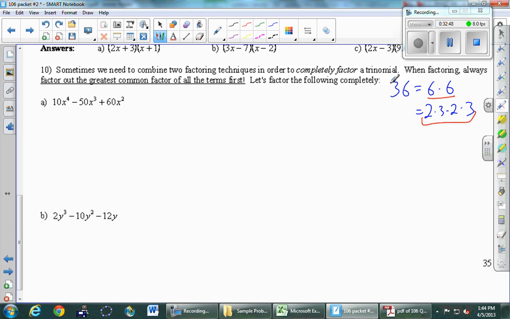So 3 separate x's multiplied. And then you have x squared. How many x's can you take out of all of them? You can take 2 out of all of them. You don't get to take out the biggest number. You can take out the smallest number. So that's what we'll do. So we said we were going to take out a 10, and we're also going to take out an x squared, and then we're going to put big parentheses to fill in.